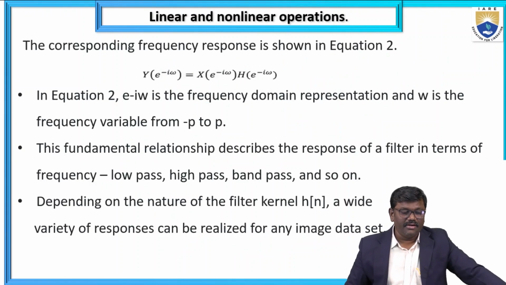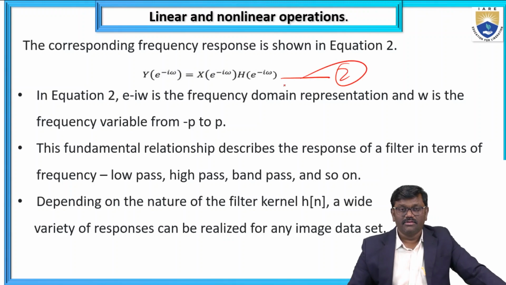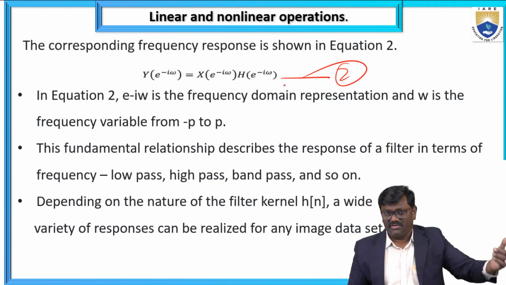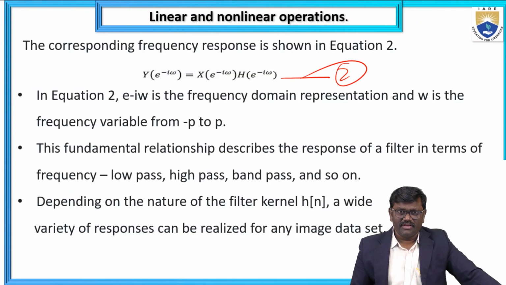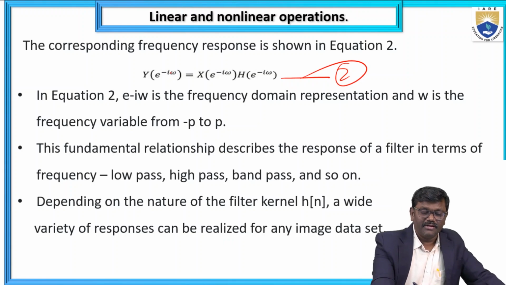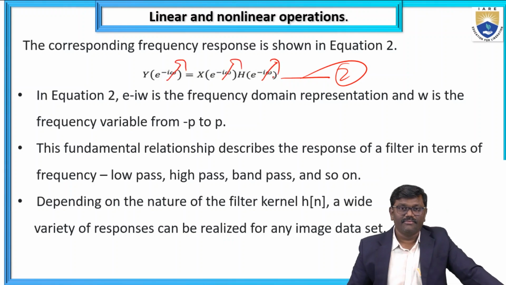So coming here, when you consider your system in terms of frequency response, we consider one more equation, equation number 2. The previous equation is equation 1, where we used the BIBO equation. Equation number 2 depends upon your frequency variation, your omega value variation.